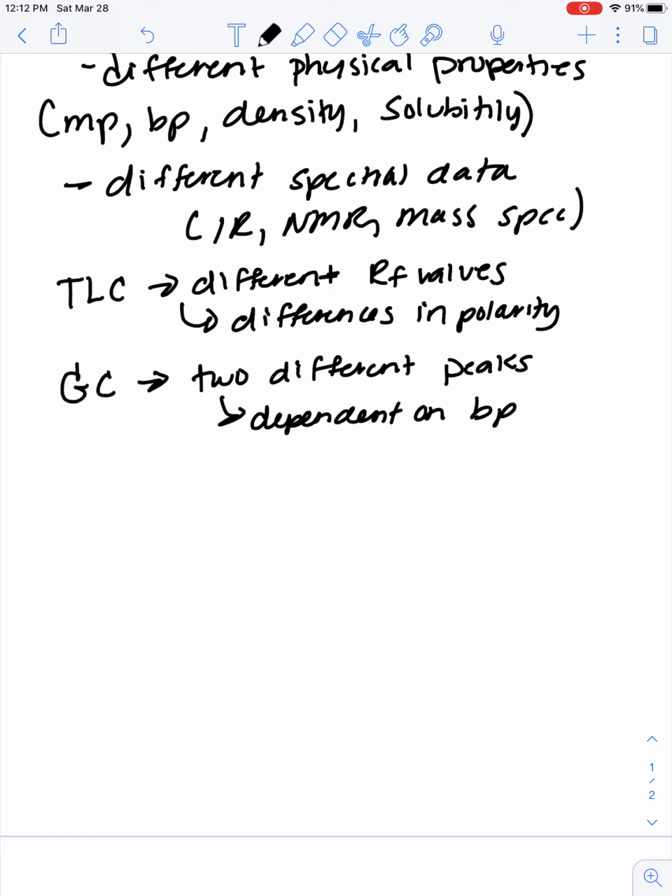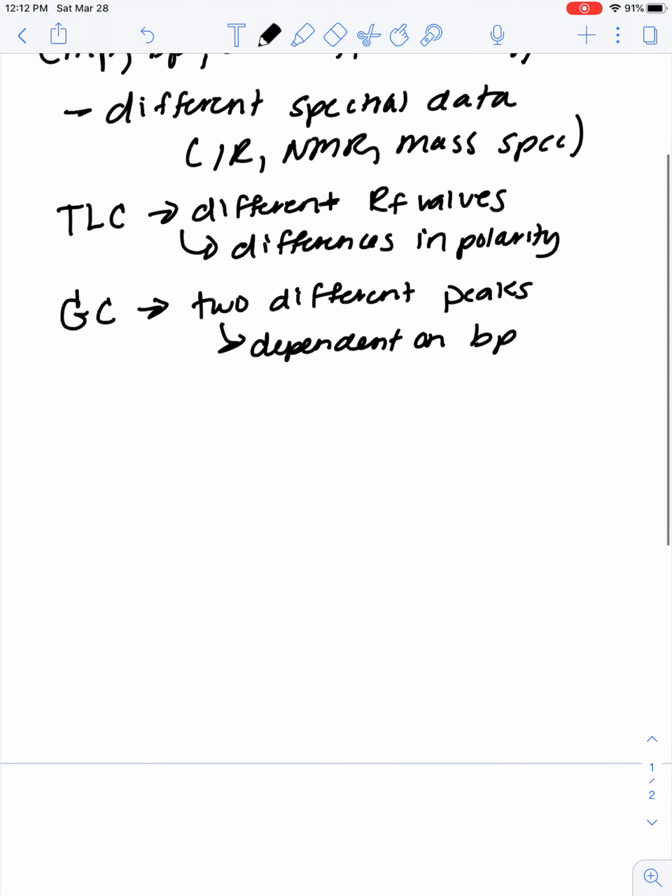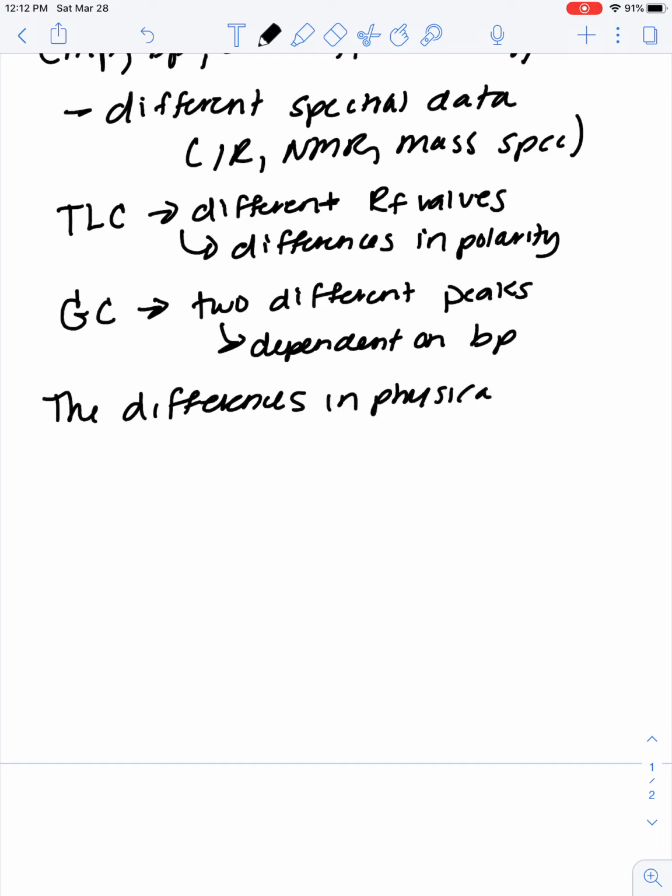So since diastereomers have different physical properties, boiling point being one of those, their GC data should show two different peaks. So the differences in physical and spectral data allow us to distinguish between two different diastereomers.